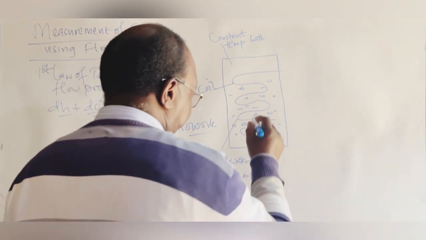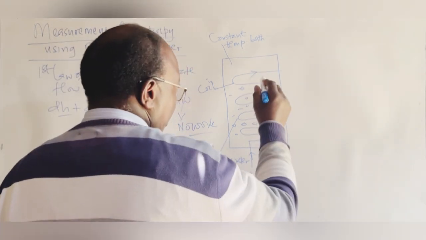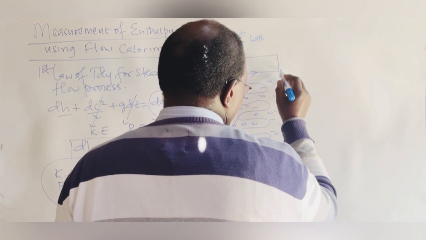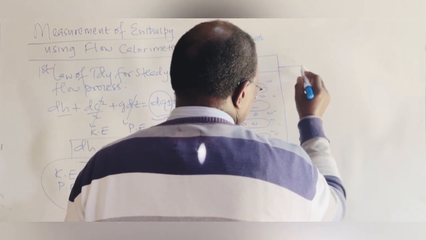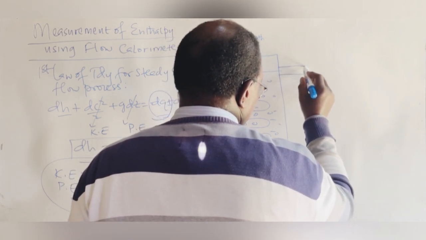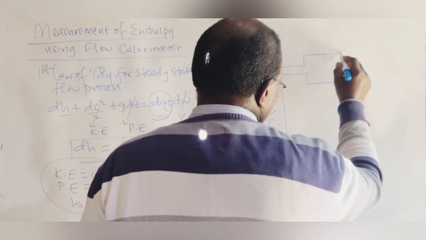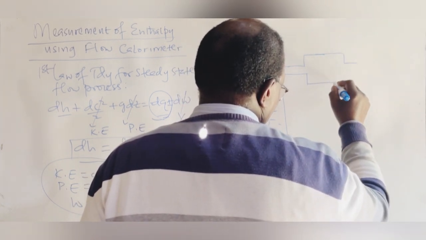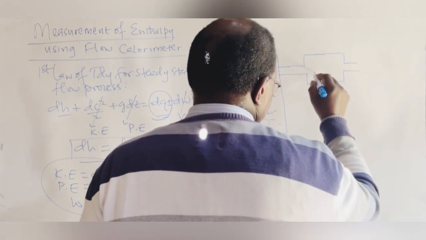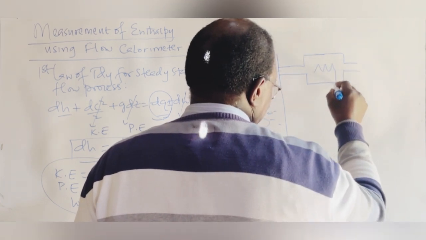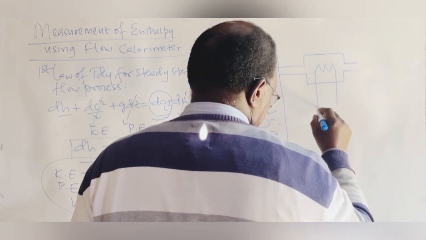And then it flows to the electrical heater. This is an electric resistance.